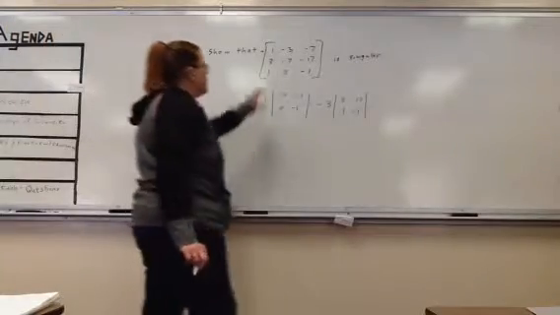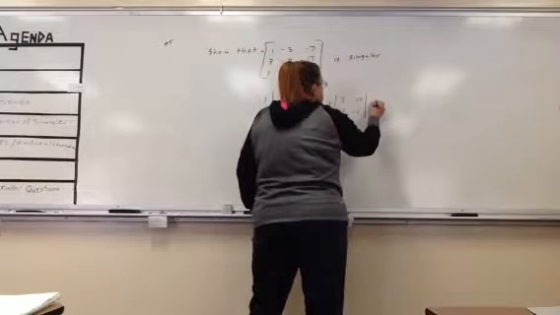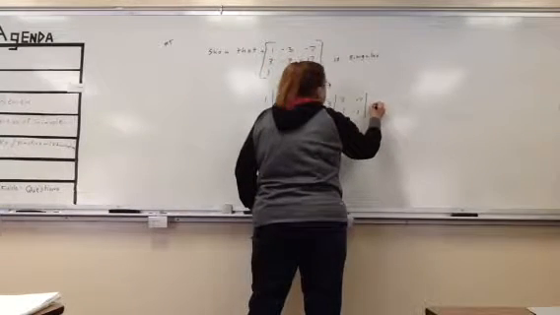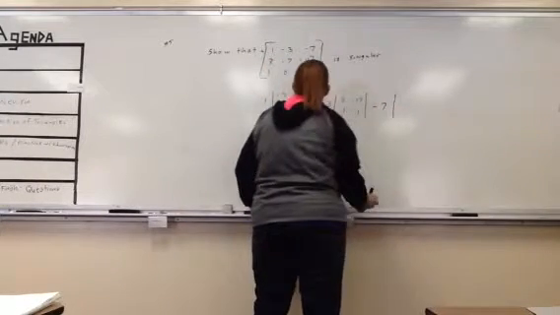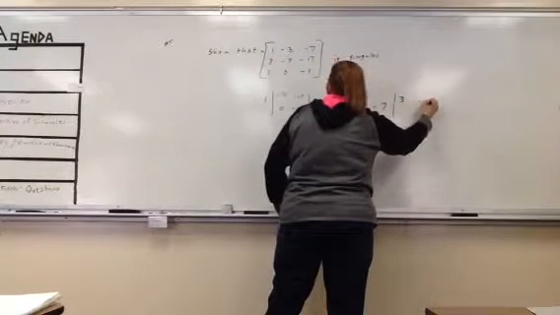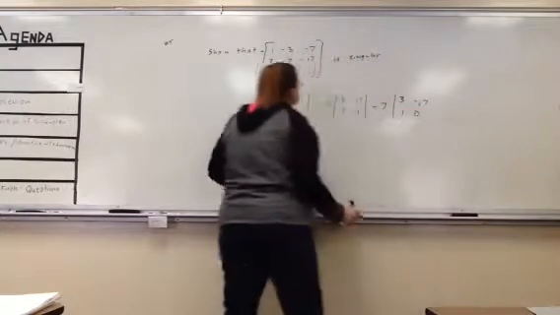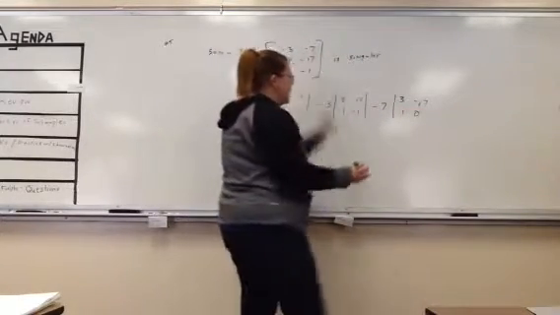Okay, that is negative, but this stays negative. Then this is going to be -7, 3, -7, 1, and 0. Because that blocks out that row and that column.